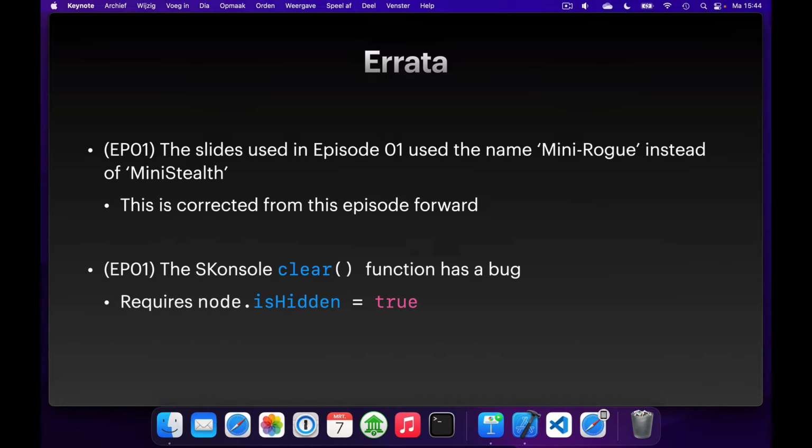So first let's correct a couple of things. There were a couple of small errors in the last episode, so the slides had a different name. This is just corrected in the slide itself. And the second is our sconsole clear function has a bug.